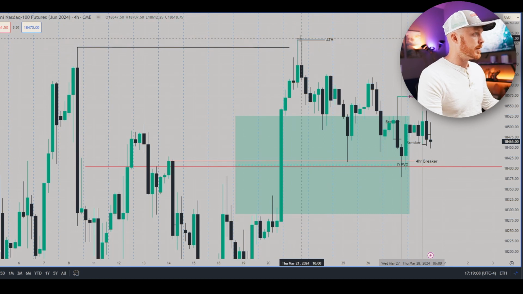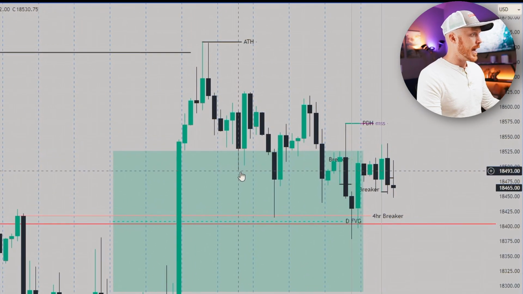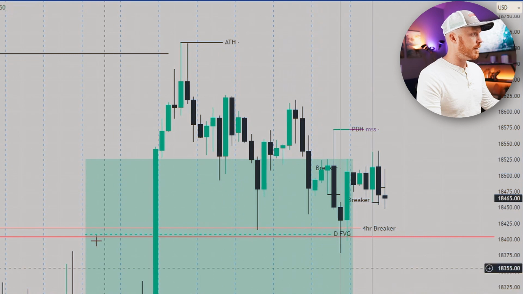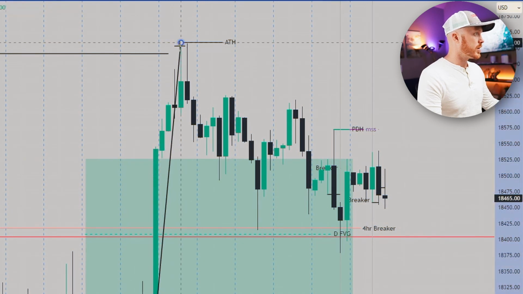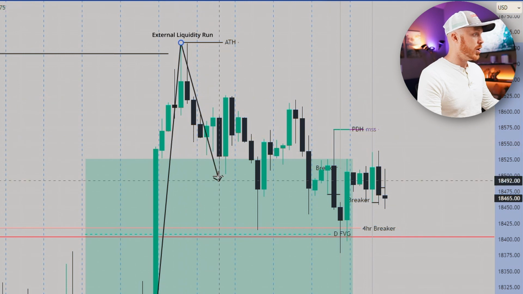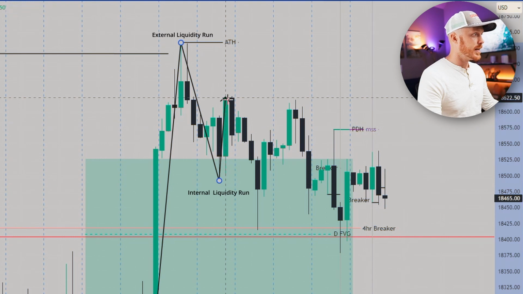After we grabbed all-time highs, we ran down and we rebalanced part of this daily fair value gap. Then from there, we moved back up. Let me get an arrow here. So we went from low, we went to all-time highs, then we went back down, we rebalanced this daily breaker, then we went back up to an imbalance. Now you're going to see nothing right here.